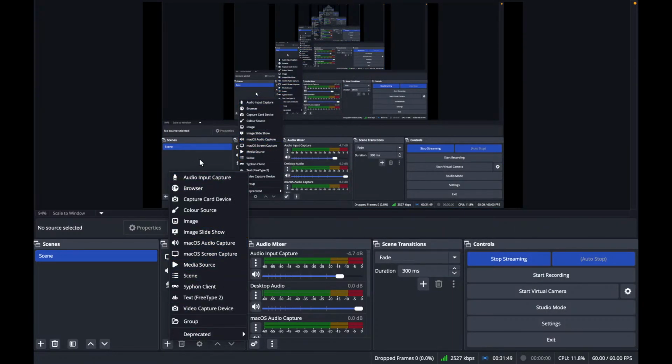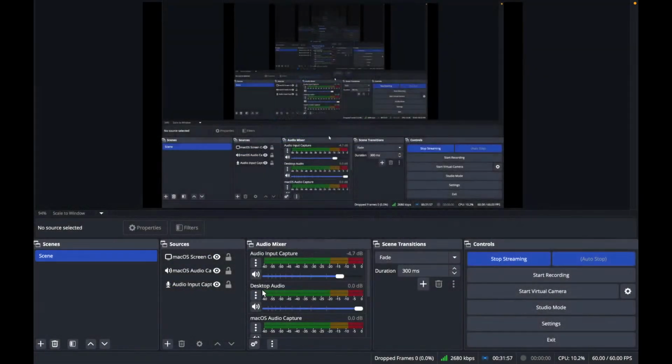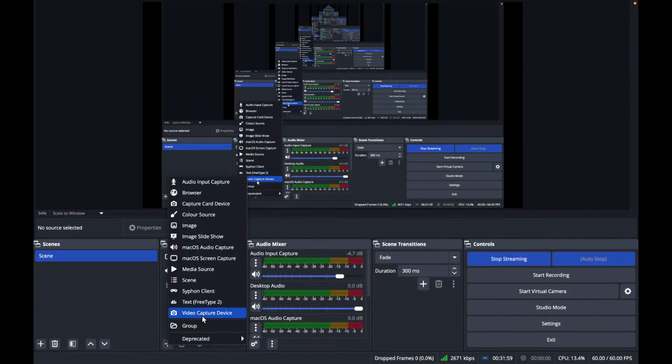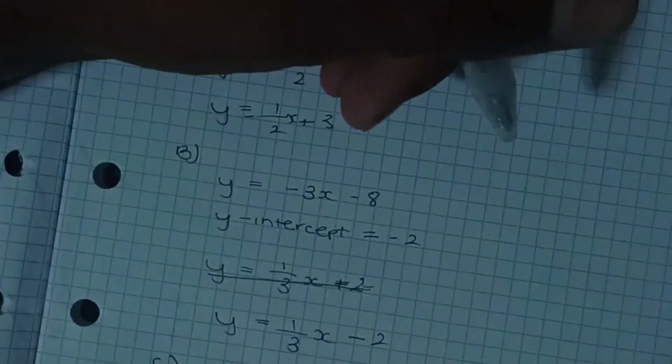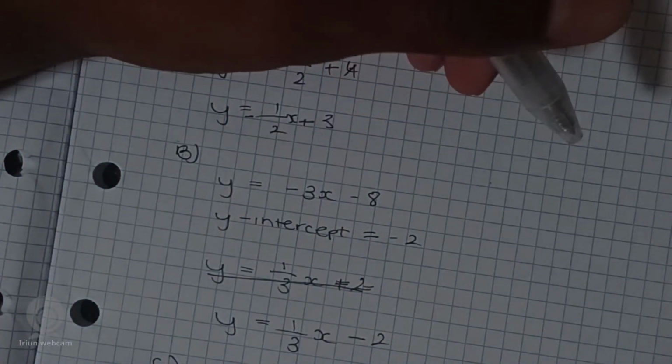What does it become? How do I prove it's working?